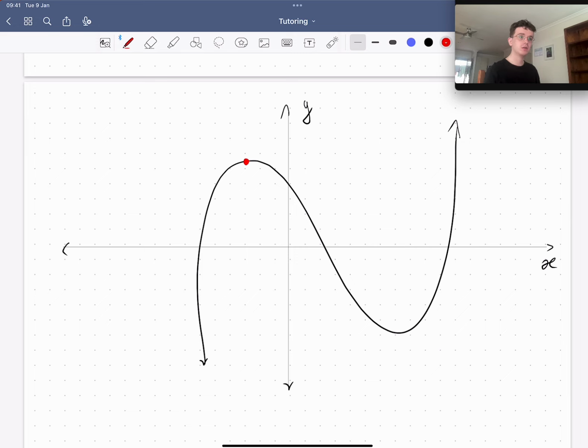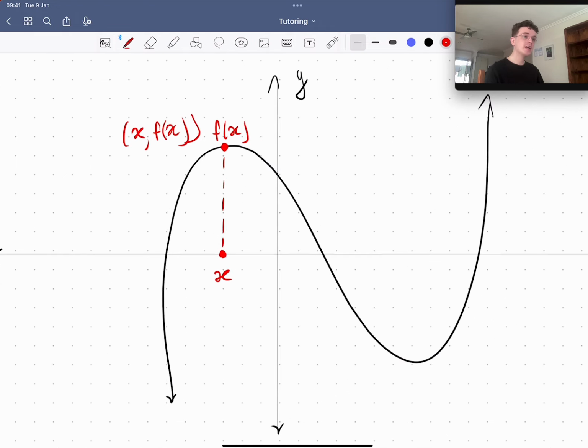What would I do? Okay, well, we know that the only way that we can calculate the gradient is using 2 points. So what if we called this point, point x, and its corresponding y point, f of x. So this point in red would be x, comma, f of x.